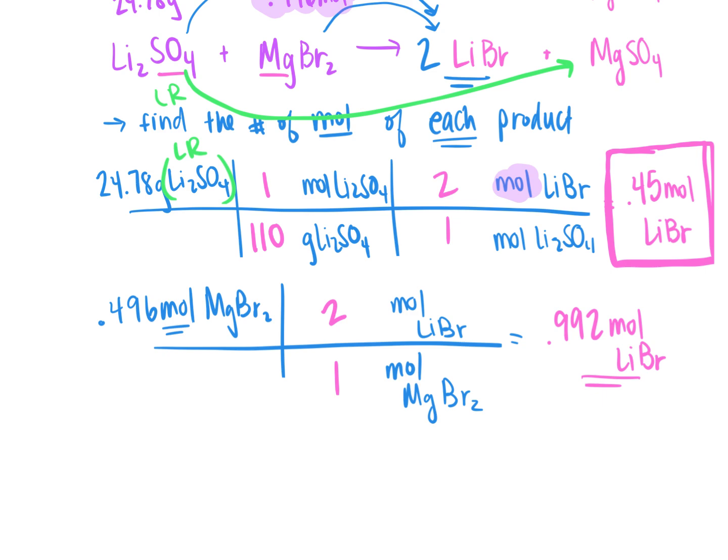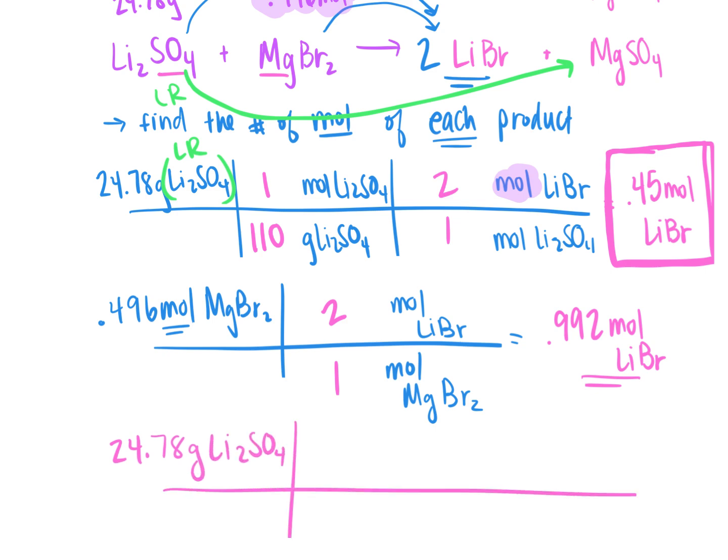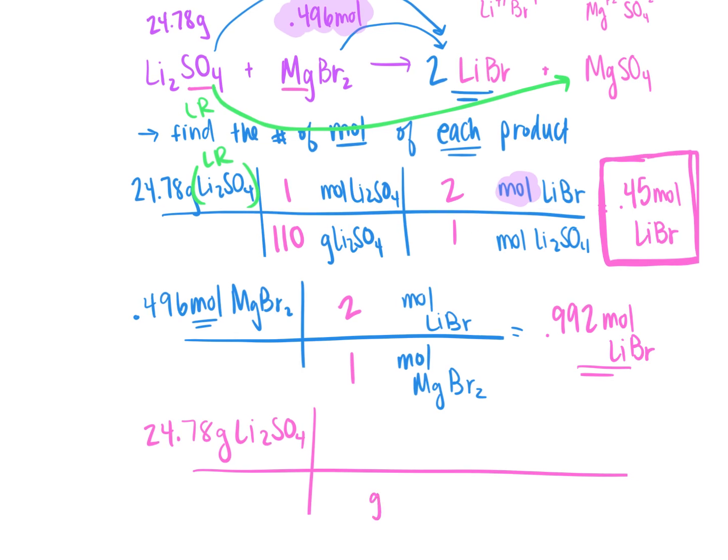Sometimes people get confused and they want to start with this amount, but we don't want to do that. We want to start with the starting amount for our limiting reactant. So our T-chart's going to start over just the same. 24.78 grams of Li2SO4. And we're going to go to moles of Li2SO4.